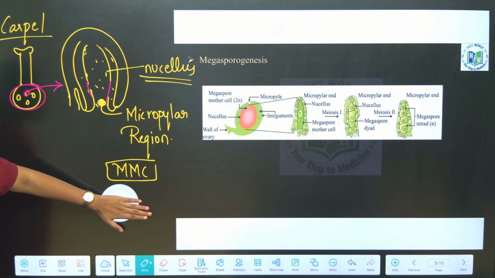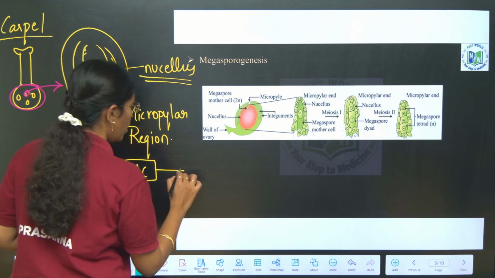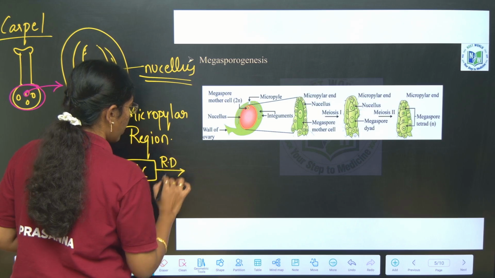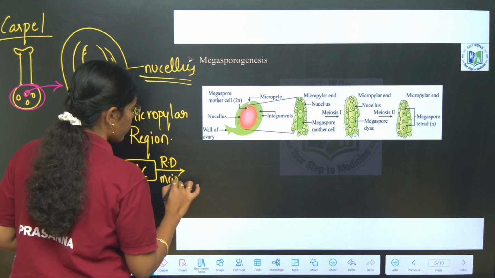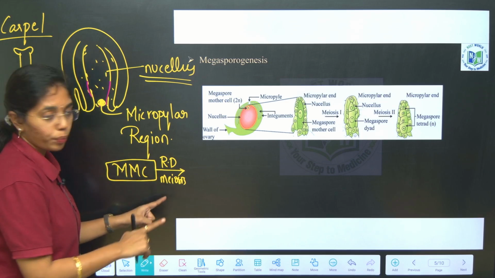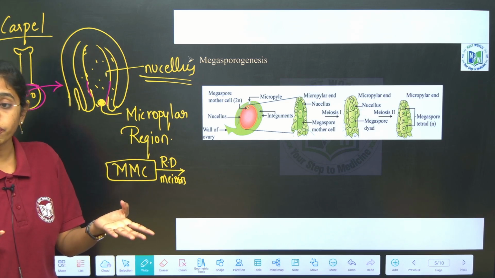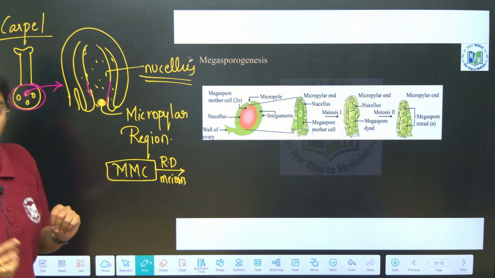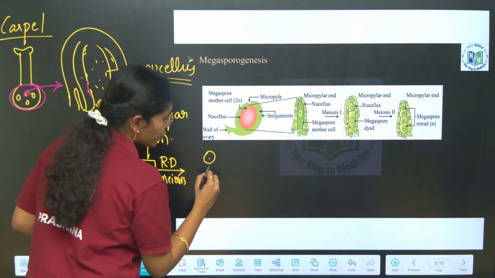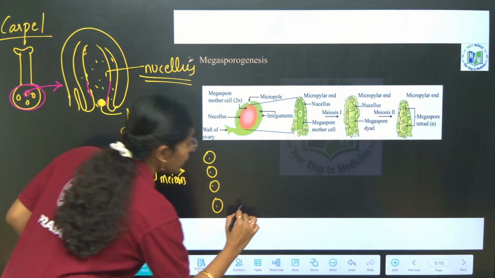This megaspore mother cell will undergo reductional division, or meiosis. After meiotic division 1 and meiotic division 2, how many daughter cells are formed? 4 daughter cells are formed. As such, 4 megaspores are formed, which is a linear tetrad.